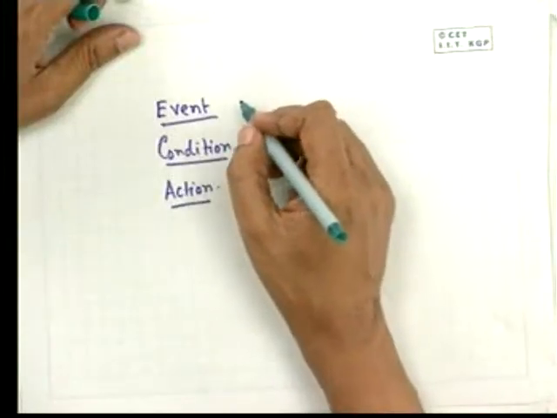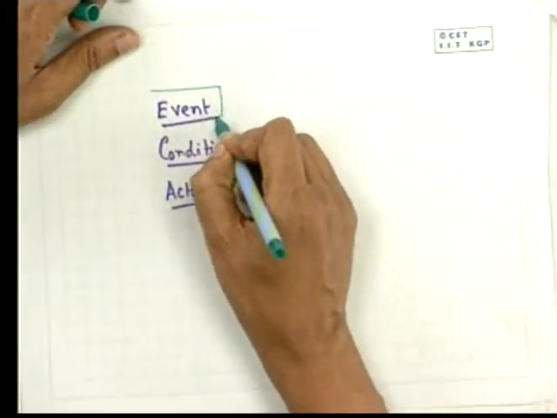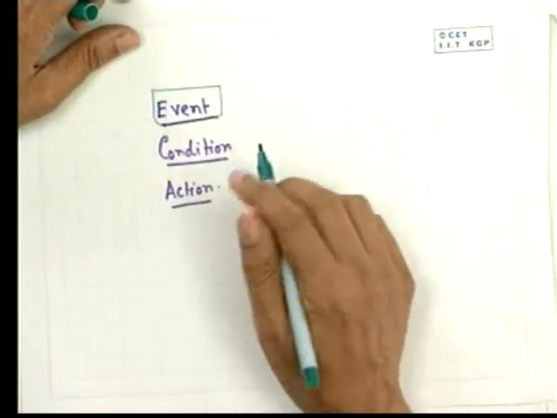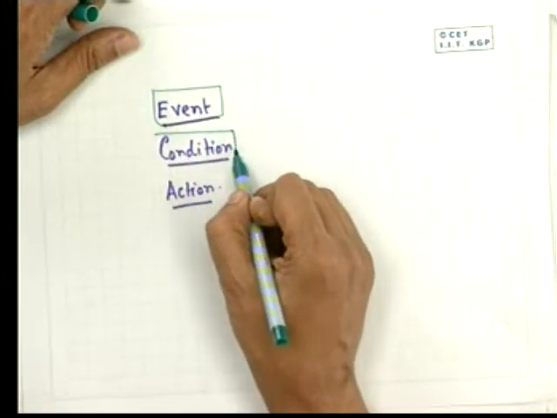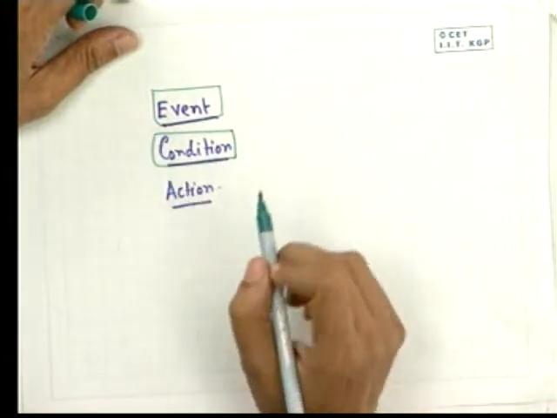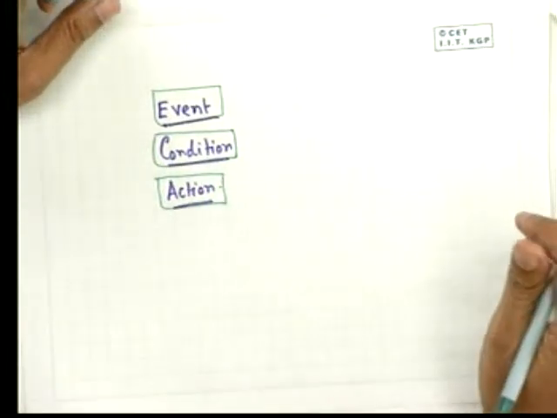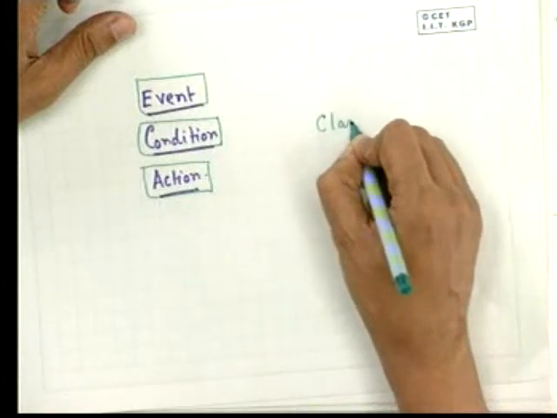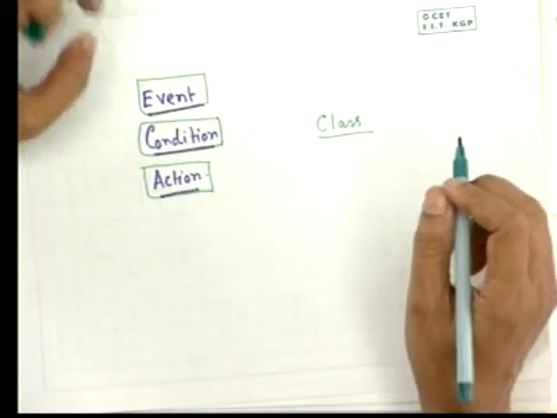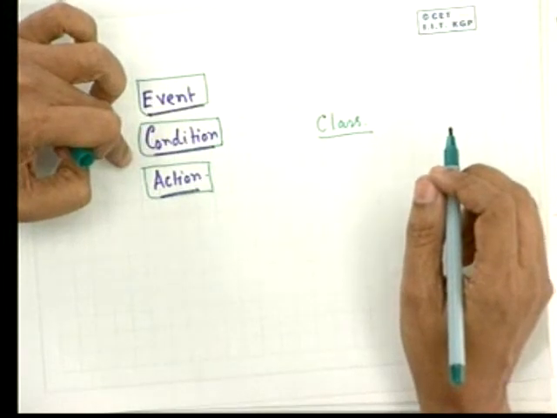So what we have described so far is that the dynamic behavior of the object will be determined by the event that the object subscribes for, the condition under which the transition will take place, and the action that it will perform as a consequence of the event. Now, when we describe a class specification, we must clearly identify the states of the objects in this class.